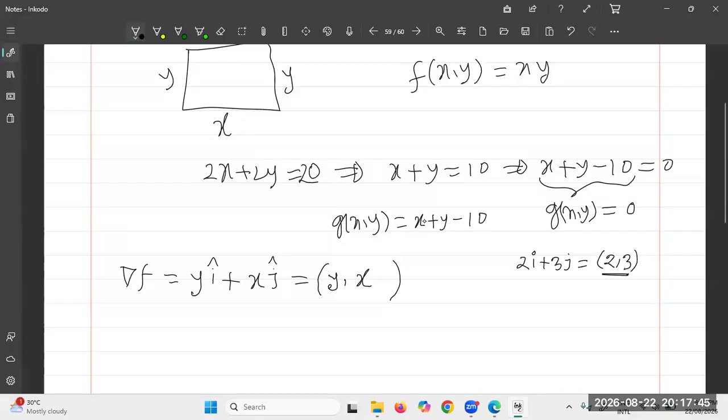So you can write gradient of f is simply, in this case, y i plus x j is equal to y comma x, and gradient of g, since g is x plus y minus 10, differentiating g with respect to x is 1, so 1 i plus differentiation with respect to y is also 1, so 1 times j. We can write this way 1 comma 1.